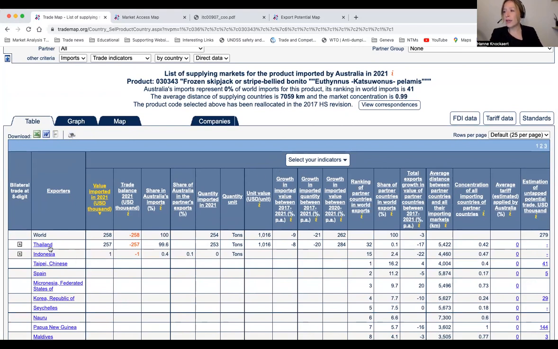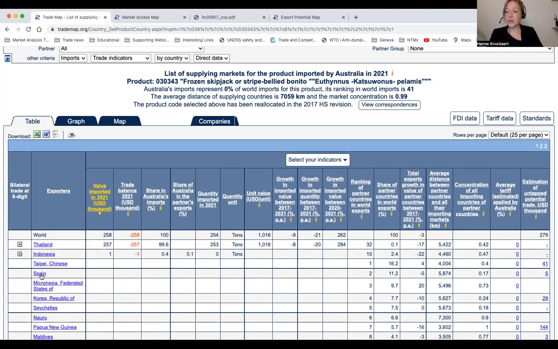Maybe that's why it was not one of the first countries in the list of export potential, even though it shows a lot of export potential, also because of geographical considerations. And at this point, we can see that it's getting its frozen skipjack from Thailand and Indonesia.